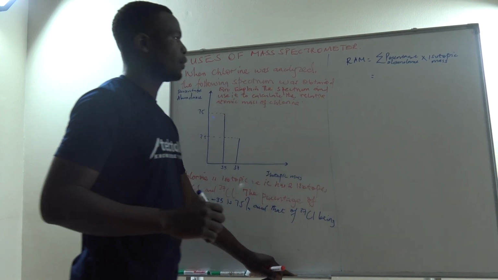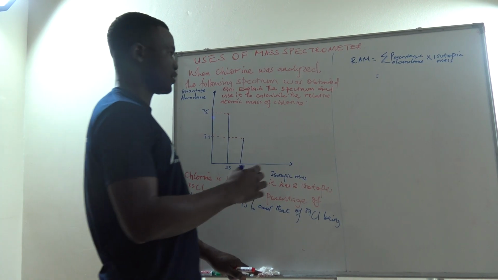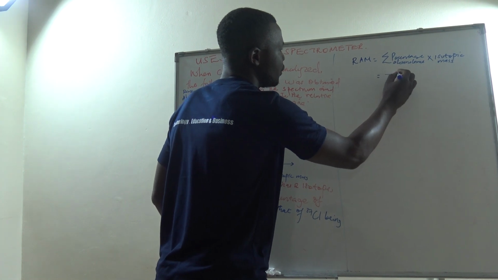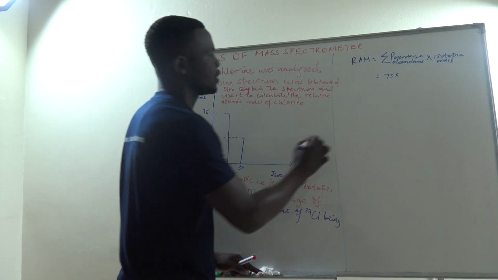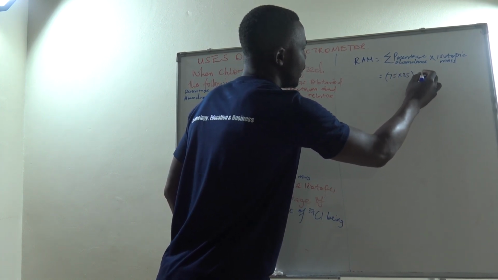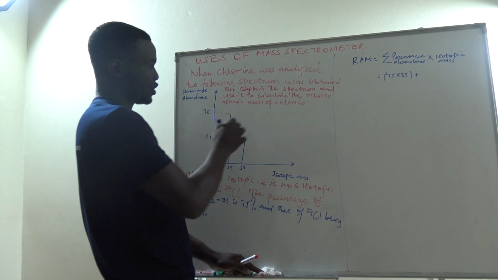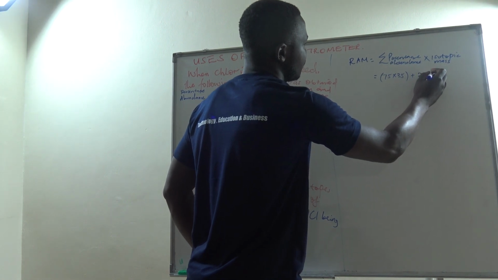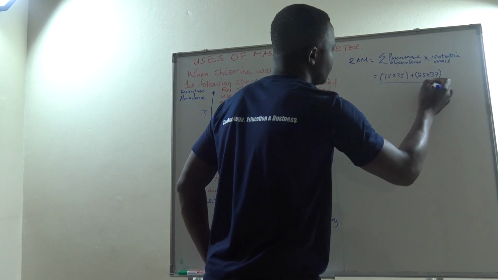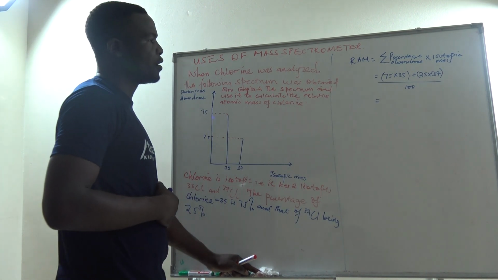Now, we substitute in our formula: 75 times 35, plus 25 times 37. The whole of this is divided by 100 according to our previous formula.